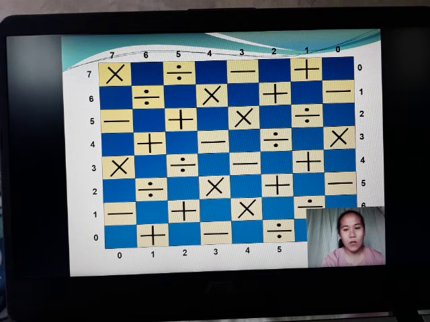So 0, 1 to 7, 0, 1 to 7, and then 0, 1 to 7, and 0, 1 to 7.